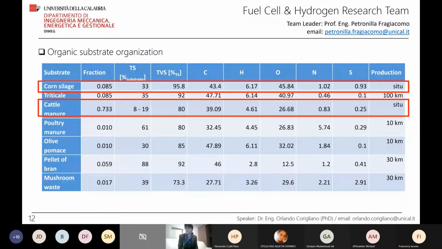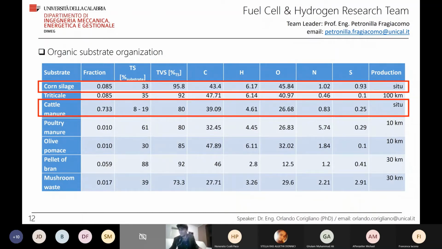The substrate is based on exploiting the available waste, that is manure and corn. Obviously, other substances are taken from outside to enhance the mash to be fed to the reactor. The table reports the biochemical characterization as aforementioned.